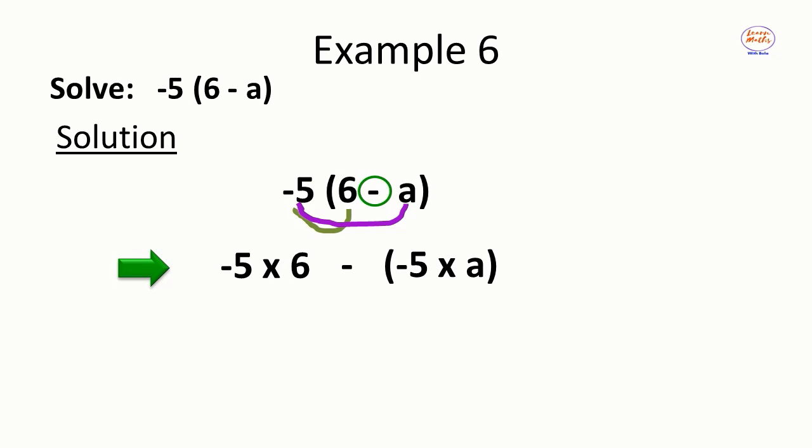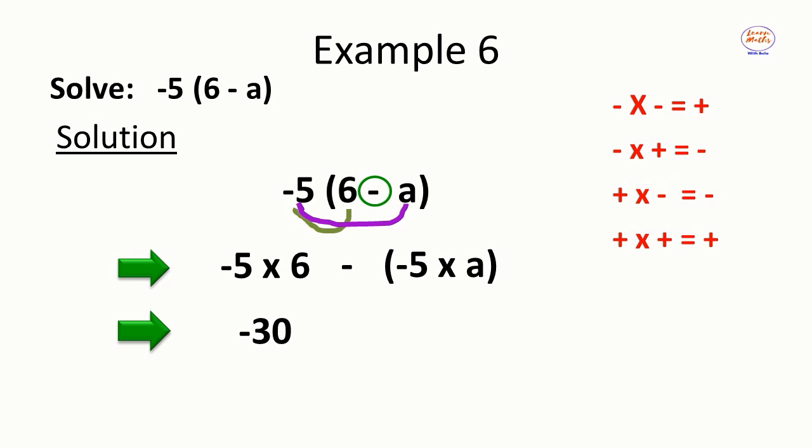Minus 5 times a. Now we want to expand this to have minus 5 times 6. Don't forget that 5 is carrying a subtraction sign, 6 is carrying an addition sign, and when you multiply two numbers carrying those different signs, you have the negative sign. So we have minus 30, then minus times minus now. Oh sorry, let us not open the bracket yet, let's do it one after the other.